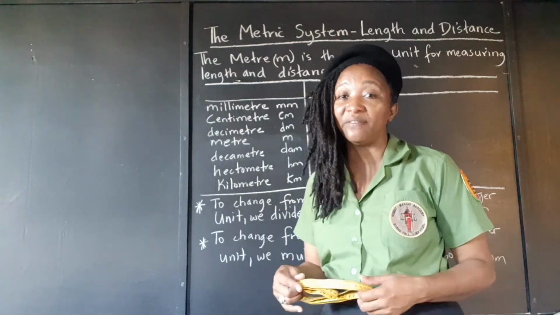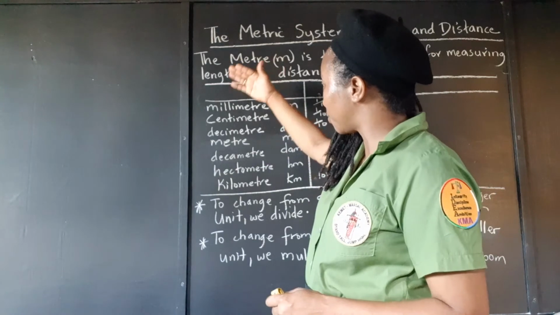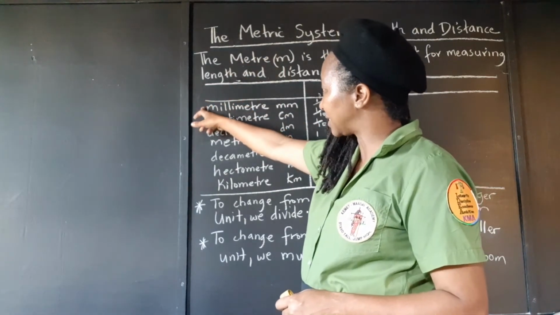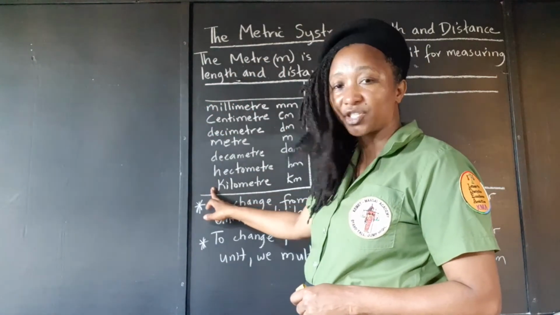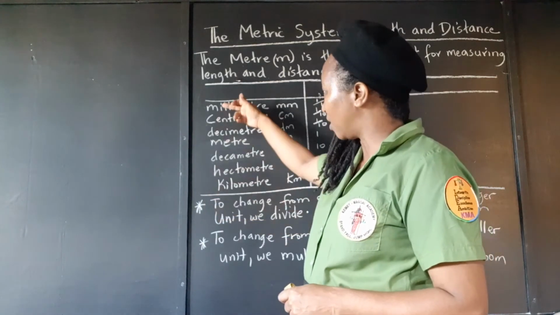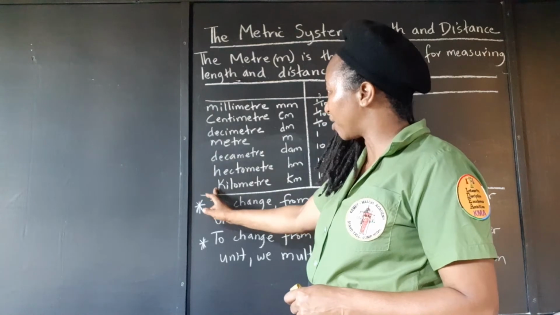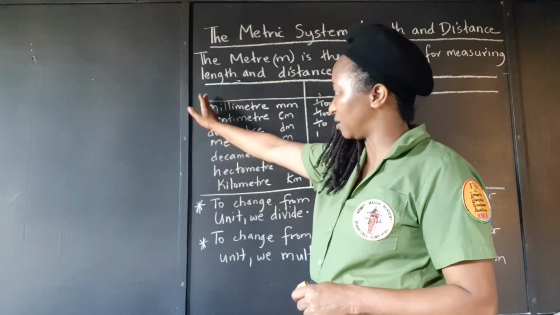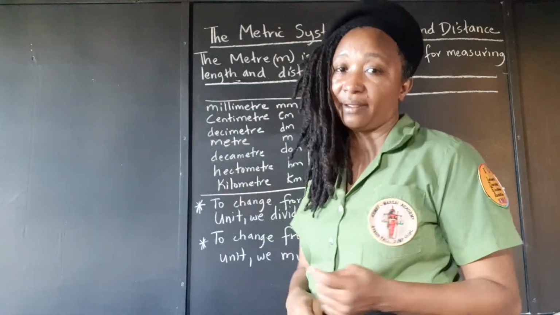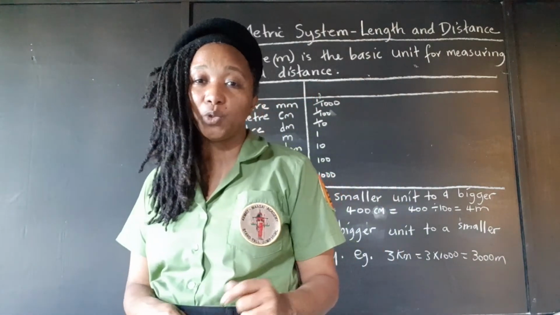So just remember, going from smaller to bigger, you divide depending on how many places away. Going from the bigger to the smaller, you multiply, again depending on how many units away.